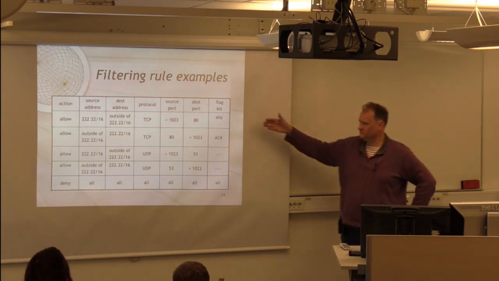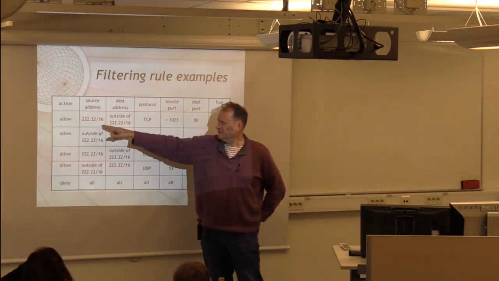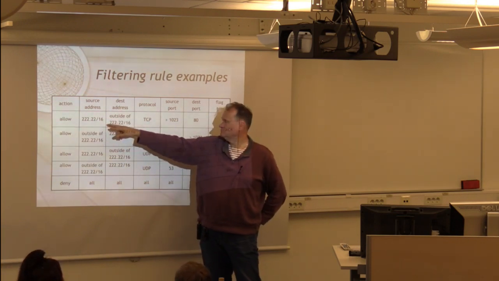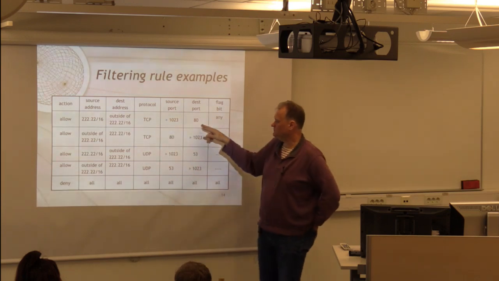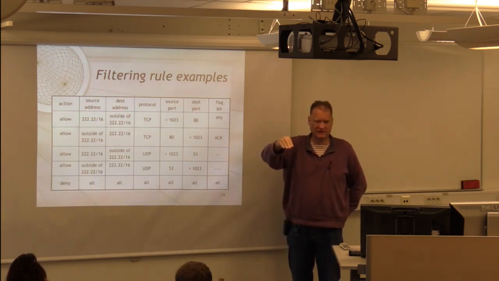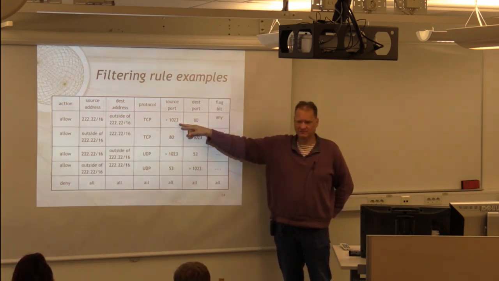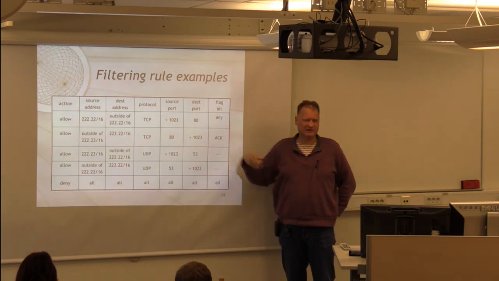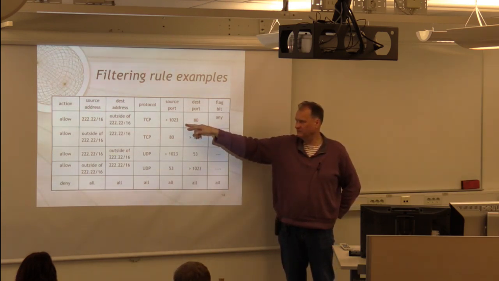So the first rule here says that anything from inside going to the outside, TCP port 80. So as long as we connect to a web server outside, our source port is above 1023, because whenever a client connects to outside, we take a random free port number above 1023.